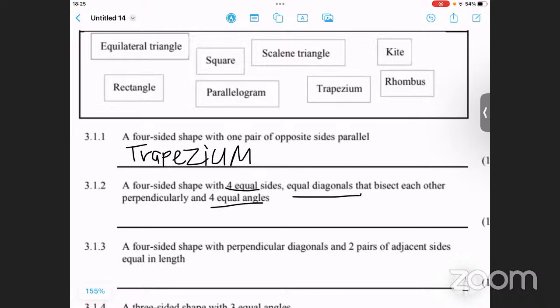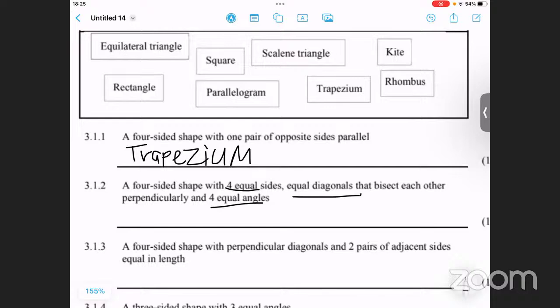Ma'am, the fact that it has four equal sides, and also that the diagonals bisect each other perpendicularly, which would make up four 90-degree angles, ma'am. Okay.